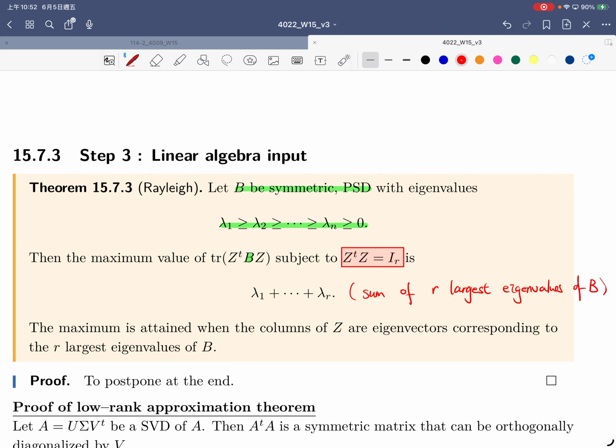And moreover, this will also tell you when this maximum value can be attained. This maximum value is attained when the columns of Z are formed by the eigenvectors corresponding to those R largest eigenvalues.